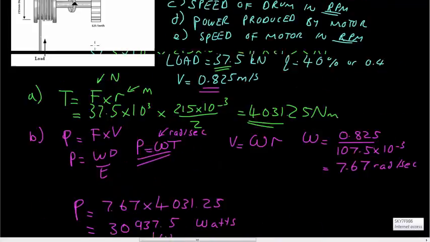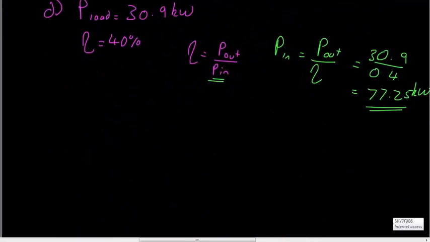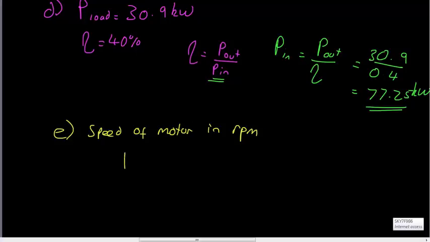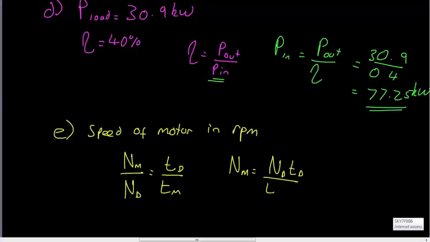In the last question, the speed of the motor in RPM. Okay, from our gears tutorial, we know that the speed of the motor over the speed of the drum is equal to the number of teeth on the drum over the number of teeth on the motor. So we know the speed of the drum, we know the teeth on both, so we can find the speed of the motor. So the speed of the motor is equal to ND TD over the teeth on the motor.